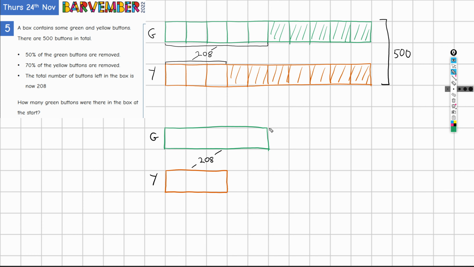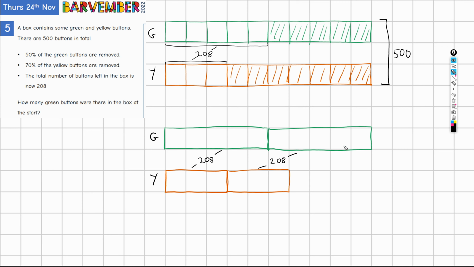This is what I mean. Here we're going to do another 5 green and another 3 yellow. What's the value of these two? Well, if these two have a value of 208, these two must have a value of 208.